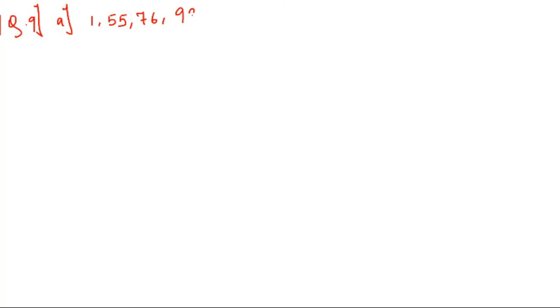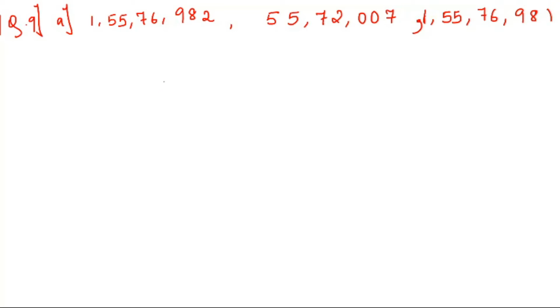The another one is 5572007. Next, 15576981. And the next one is 5529110. So we have to write the largest and smallest.